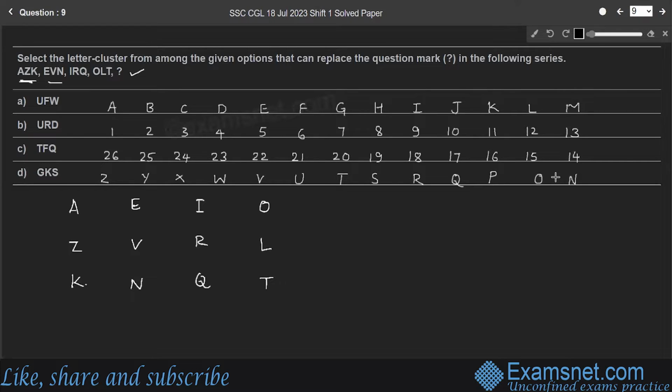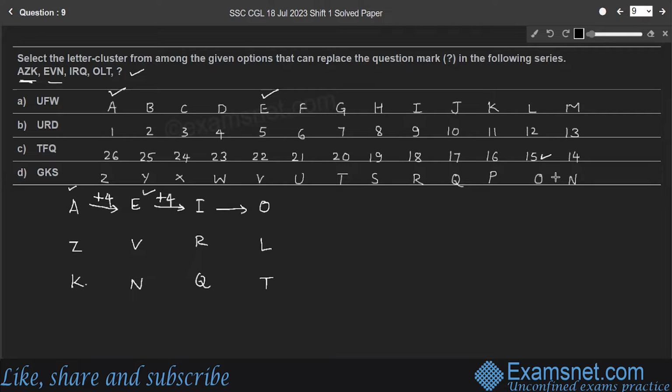For that, let us find the relation between all the first letters. The first letter of the first cluster is A, plus 4 gives the first letter of the second cluster, since the positional value of E is 5 and A is 1, so A plus 4 gives E. Whereas E plus 4, E is 5, gives I, which is 9, right?